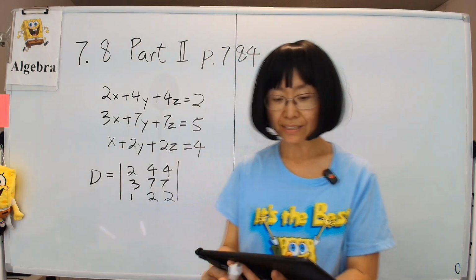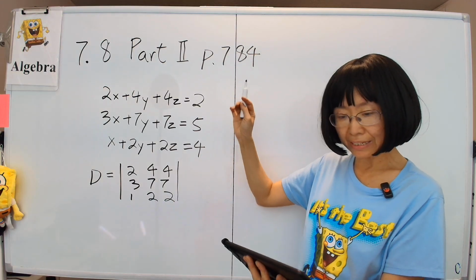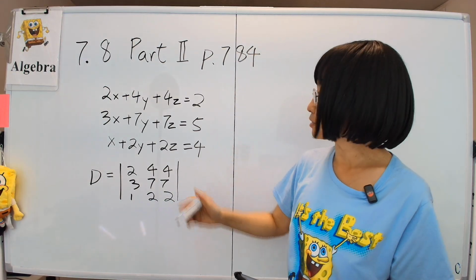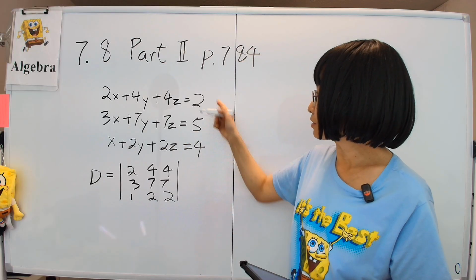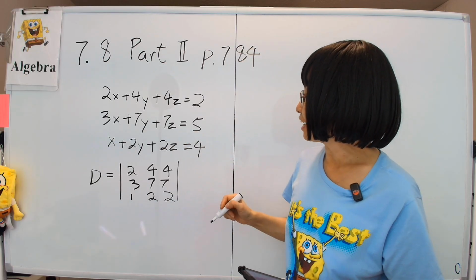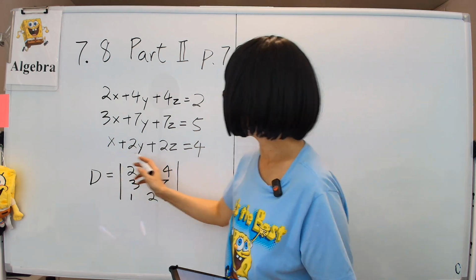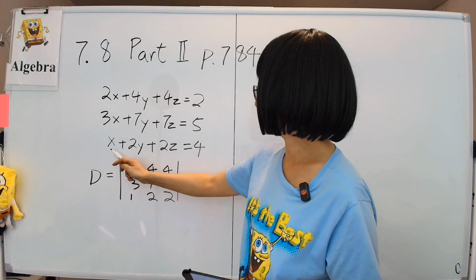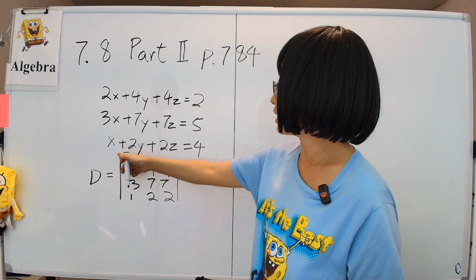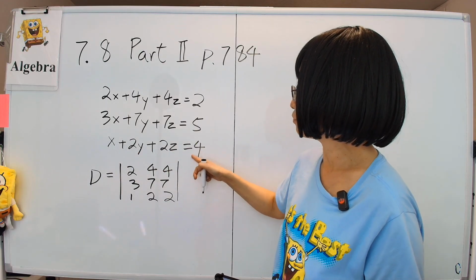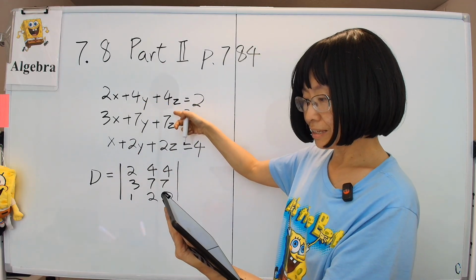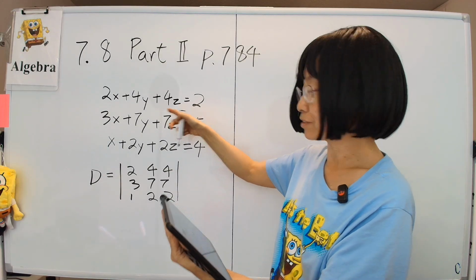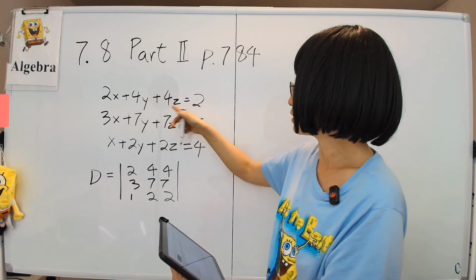So next, let's look at example 8 on the same page, where we are supposed to use Cramer's rule to solve this system. And the system goes something like this, okay? If you look at it more carefully, you notice that equation 3, x plus 2y plus 2z equals 4, is the same as the top equation, where it's 2x plus 4y plus 4z equals 2.